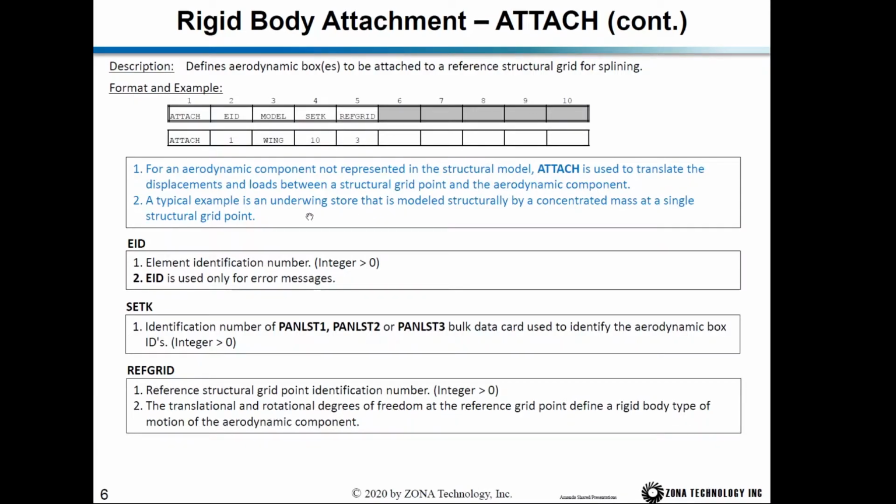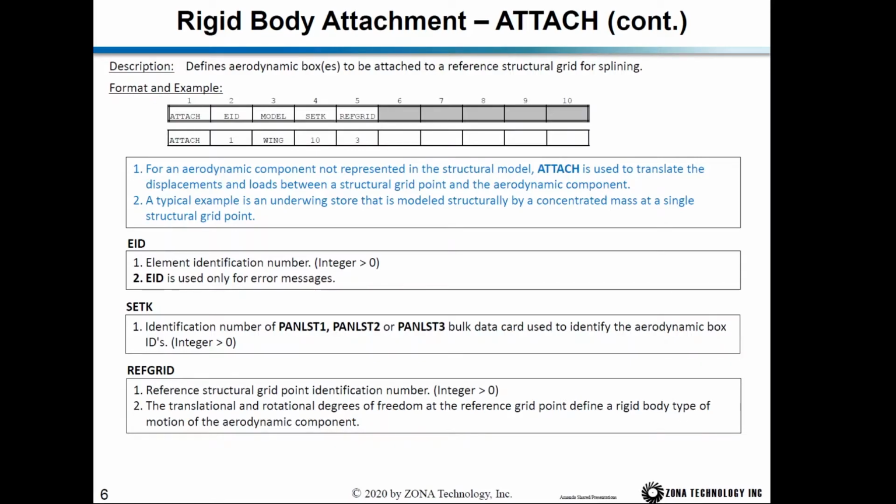So I will just give you an example. You have an underwing store that is modeled structurally by a concentrated mass at a single structure grid point. And so set K again refers to panels 1, panels 2, and panels 3 to list out the aerodynamic panel IDs. And this entry refers to the structural grid point, a single grid point.